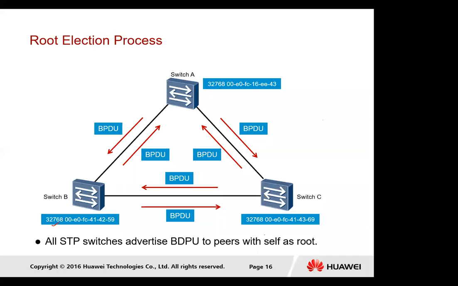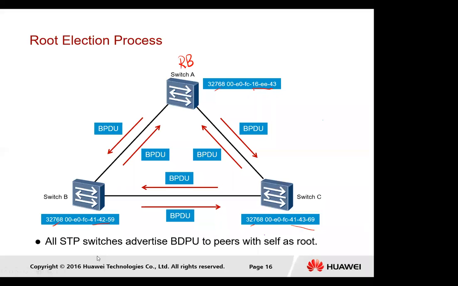All right, they're all the same. When they're all the same, then they compare the MAC address. Which one is the smallest? Switch A will be the smallest, 16. The other two are 41. So this one will become the root bridge.